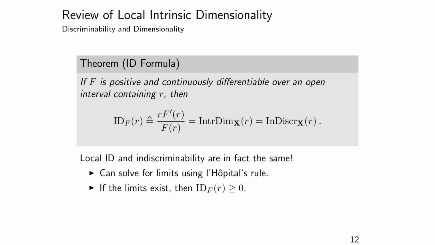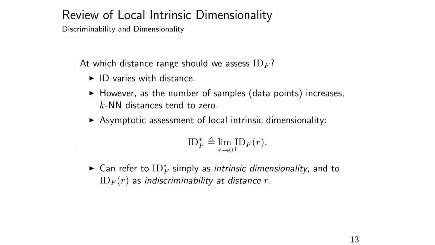Whichever way you arrive at this spot, this function IDF_R begs the question: which value of r should we be using? What distances should we be considering this function at? If we think in terms of asymptotic tendencies, we know that, for example, using a k-nearest neighbor method, if k is fixed, if you're interested in 10 neighbors or 100 neighbors, but you let your sample size n tend towards infinity, that drives the neighborhood radius to 0.